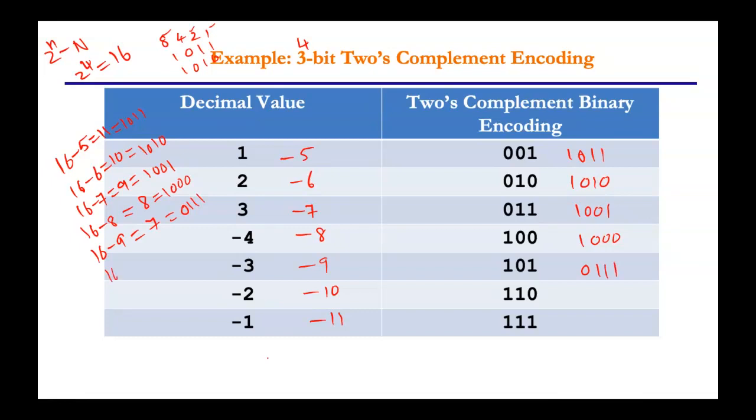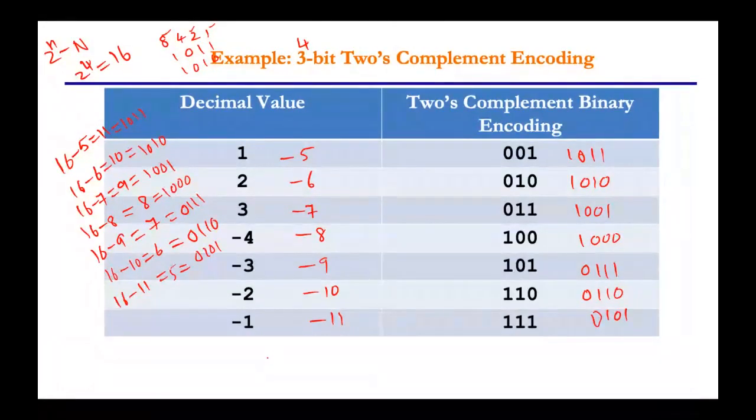For minus 10, that is 16 minus 10, which is equal to 6. You can represent this 6 as 0110. And for minus 11, 16 minus 11 is 5, that is 0101.